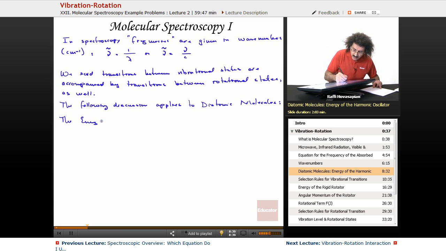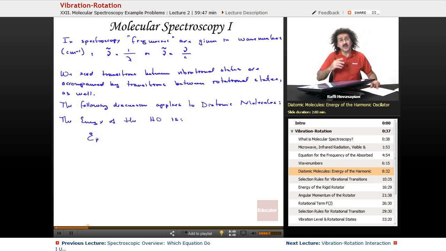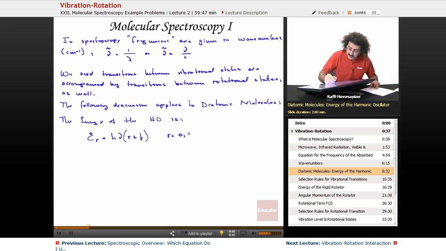The energy of the harmonic oscillator, HO, based on the quantum number r, the vibrational quantum number, is equal to h nu times r plus 1/2, where r takes on the values 0, 1, 2, and so on.